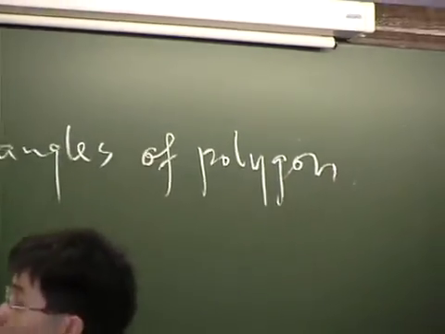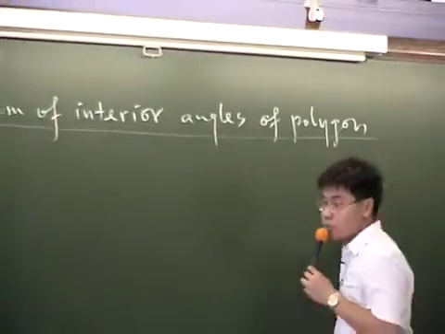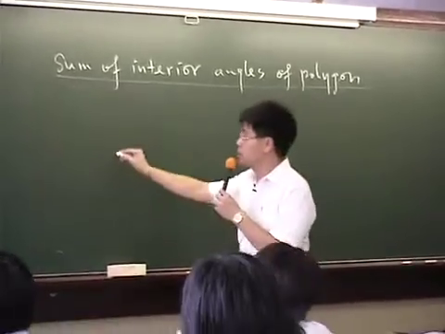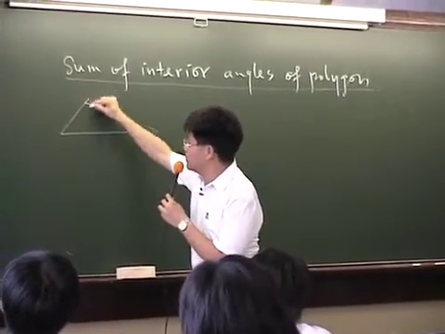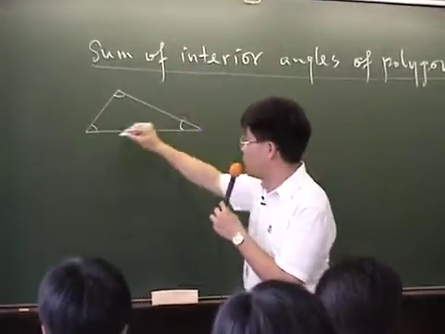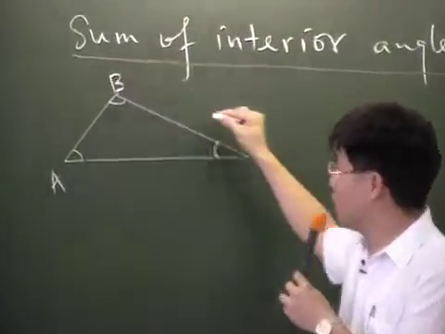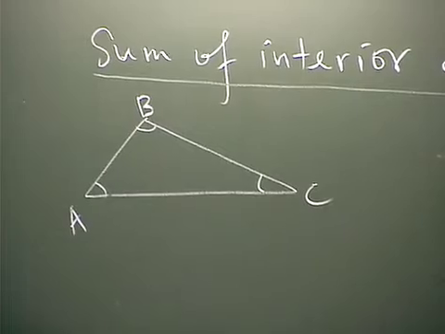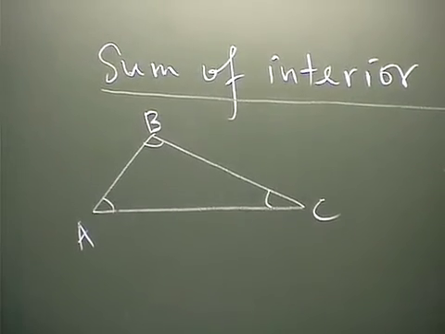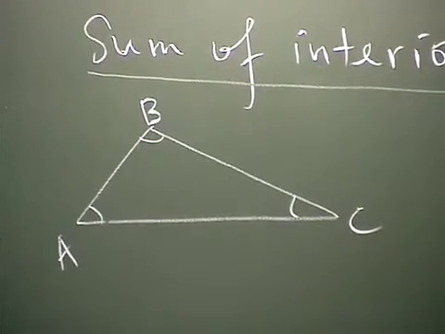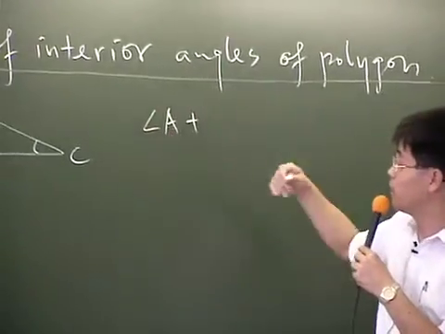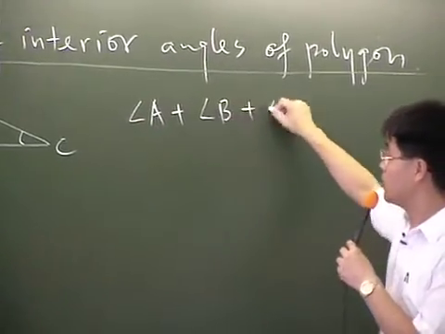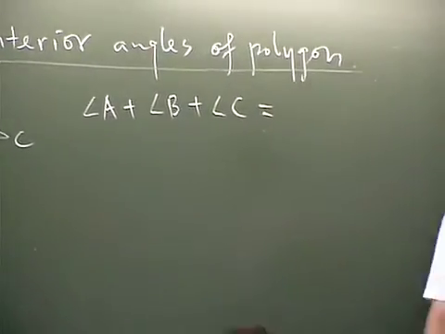Last week, we discussed the sum of interior angles of a triangle. A triangle is a three-sided polygon. Do you still remember the sum of interior angles of a triangle? It is equal to 180 degrees.